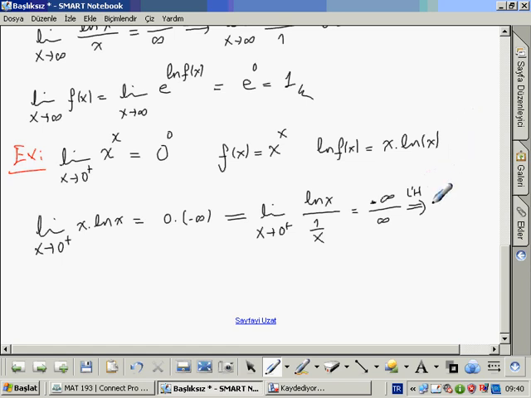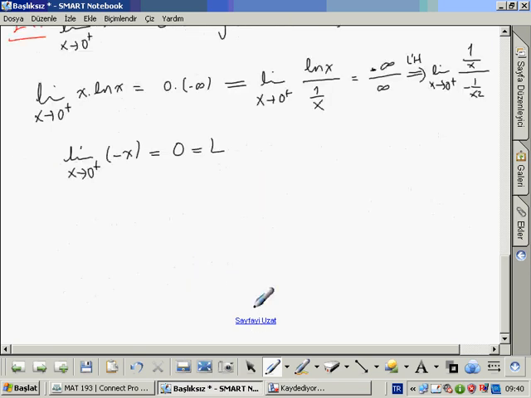Apply the L'Hopital rule, and this part will be 1 over x over minus 1 over x squared, and it becomes minus x, which is equal to 0, the capital L value.